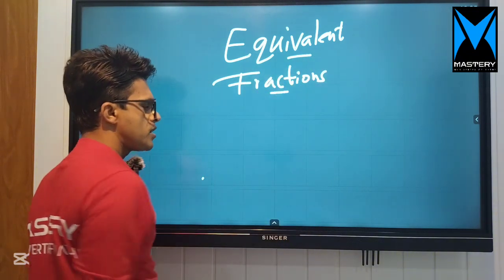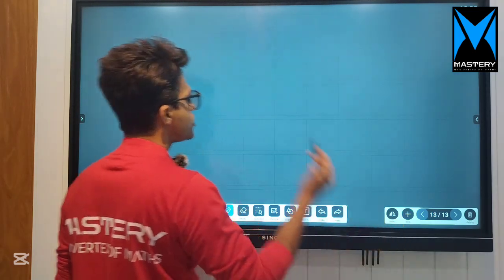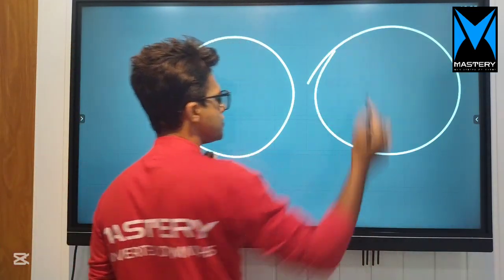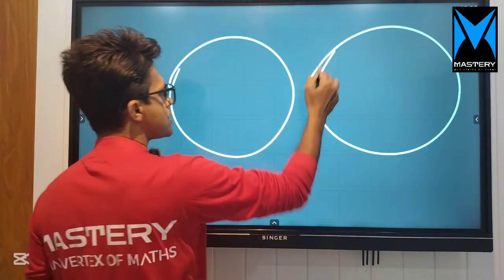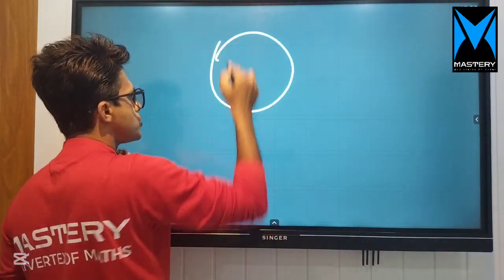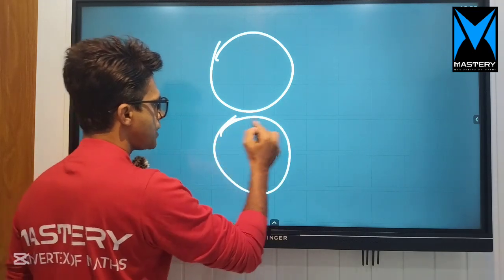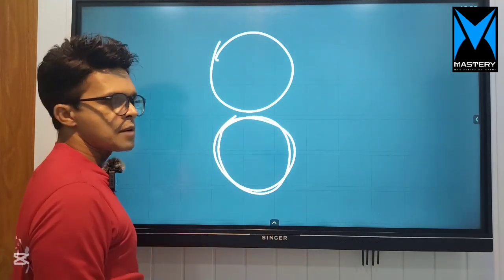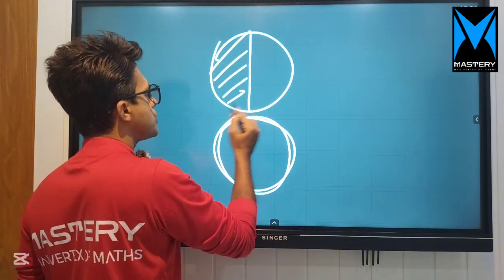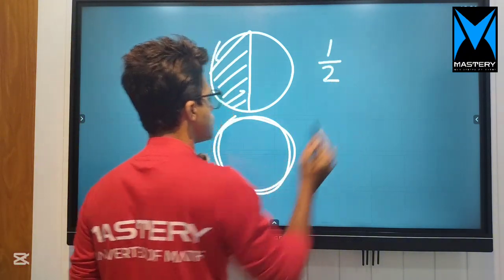Just think of this: here is a circle, and here is another. I'll draw two circles of the same size. The shaded part in the first we can identify as 1 over 2.